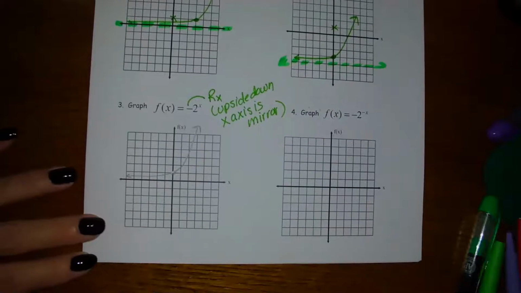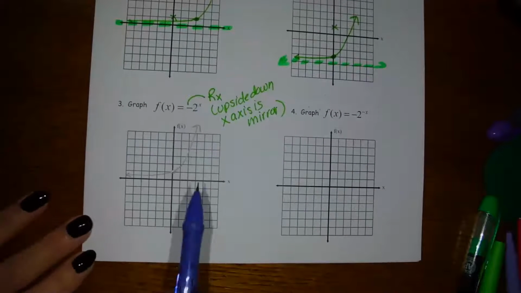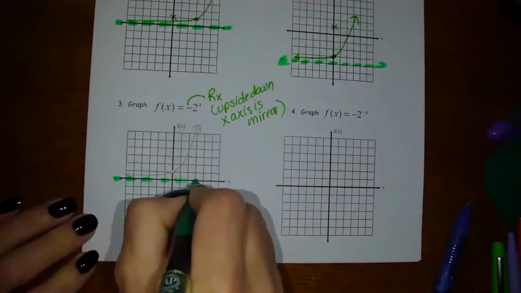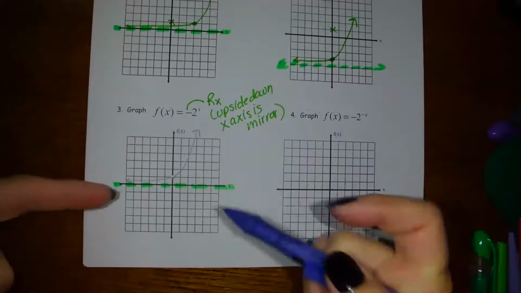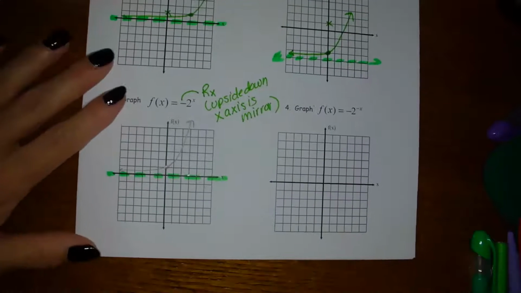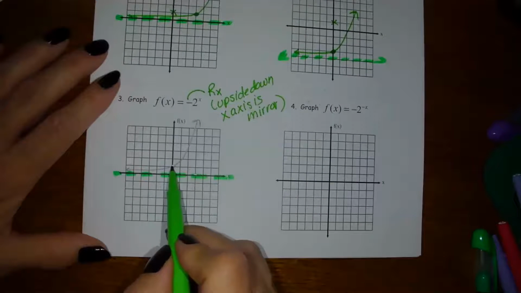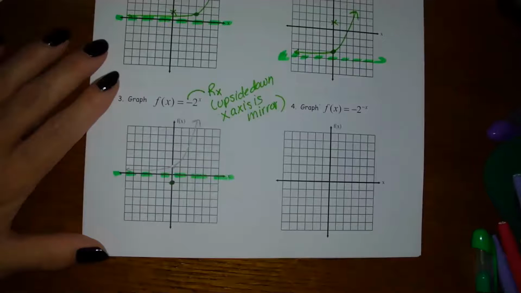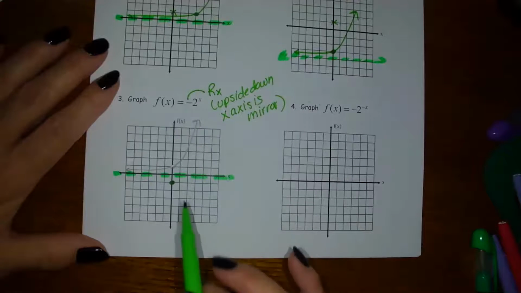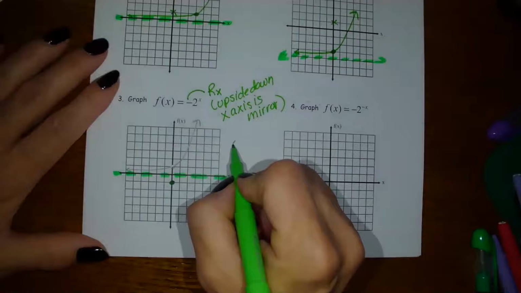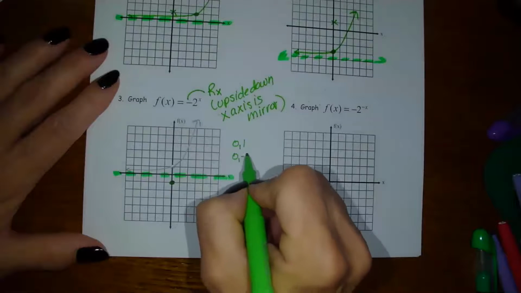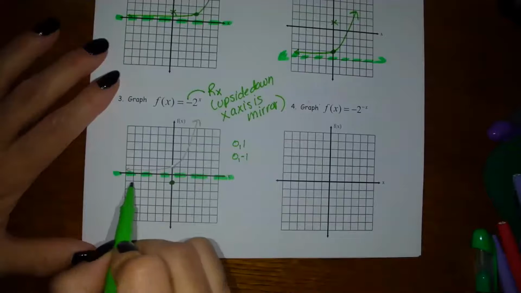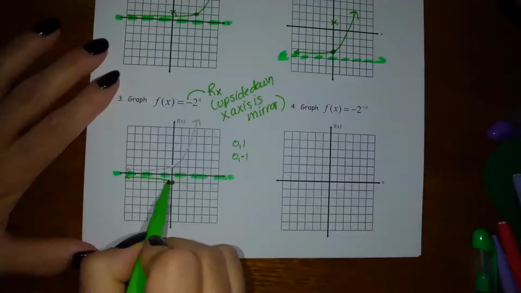So it would look something like that, right? This negative means that's your mirror. So you're going to take this and flip it down. So what's the mirror image of this? Right there. Or if you remember, when we have the negative out here, it changes the sign of y. So 0, 1 becomes 0, -1, right? Y changes sign whenever you have a negative in the front. Or you could think about a mirror image, whichever makes you happy.